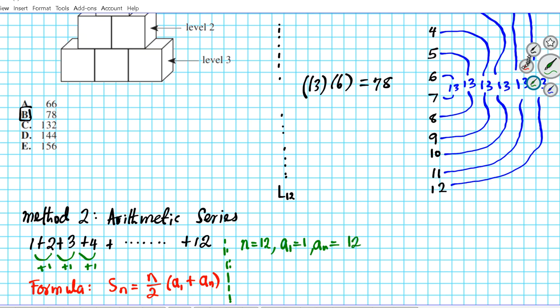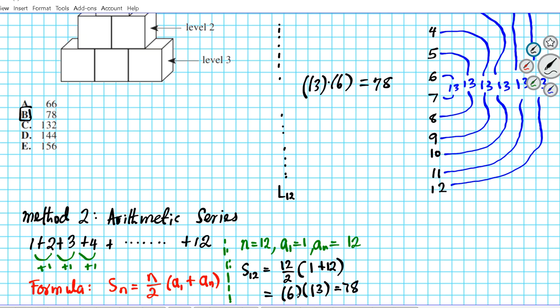Then we plug it into the formula. S, the sum of the 12 terms, is n over 2, which is 12 over 2, times a1, 1, plus an, 12. That yields 12 over 2 is 6, 6 times 13, and that gives us 78.